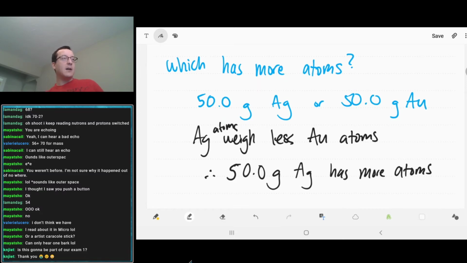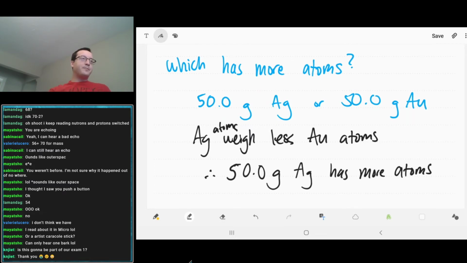So without having to calculate, we can just make these comparisons by ourselves. And we could do the same thing with molecules. I could ask you which one has more molecules, this amount of water or this amount of carbon dioxide or whatever. Using the molar mass of a substance is a good way for us to say certain things about it.